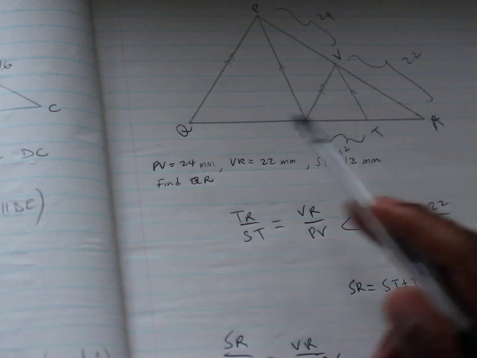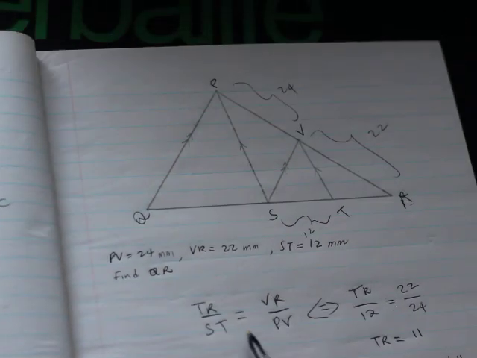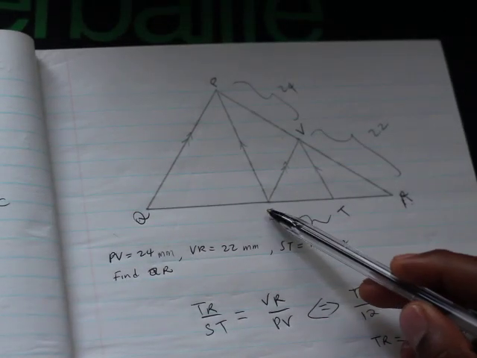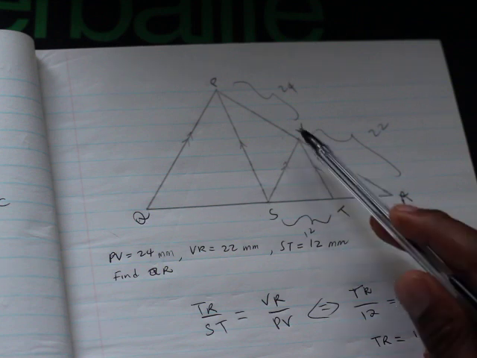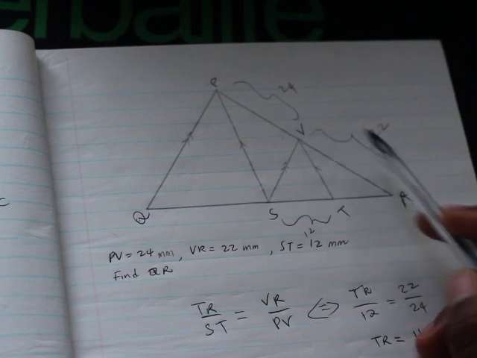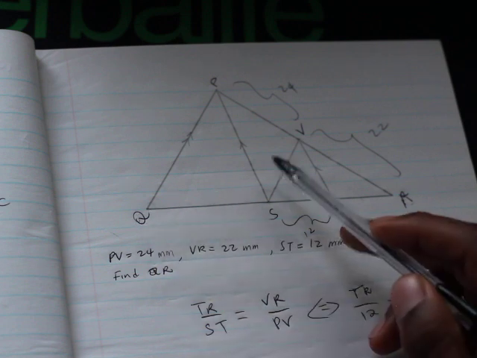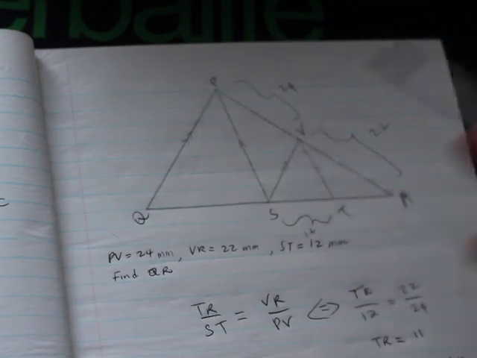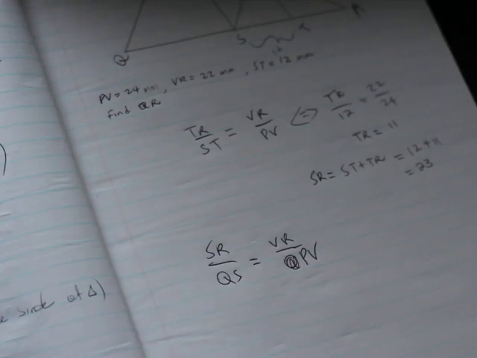So SR over QS is equal to, we start from S, we went to R, so we're going to start from V and go to R. VR. Also here we start from Q, went to S, so we're going to start from P and go to V. Right? Voila.